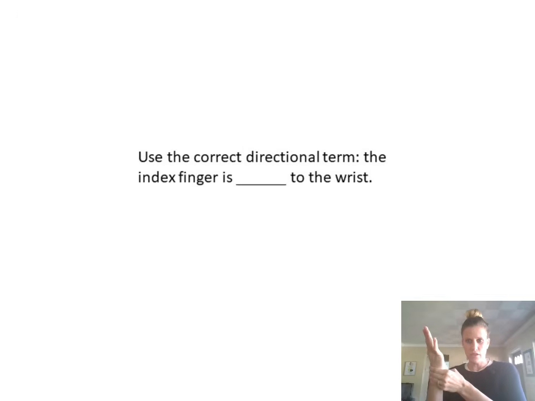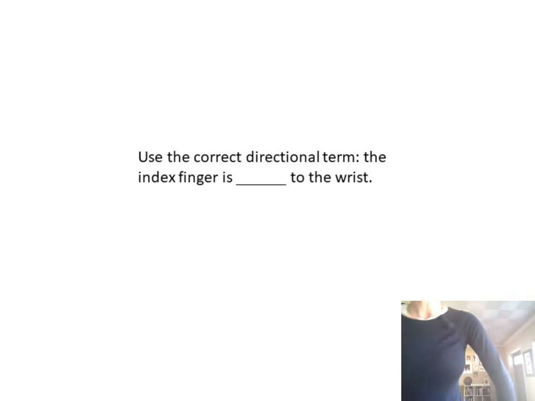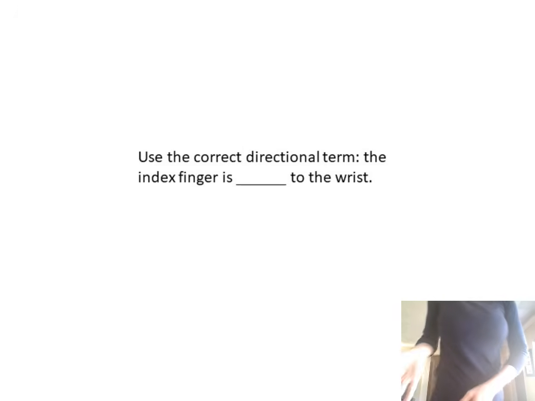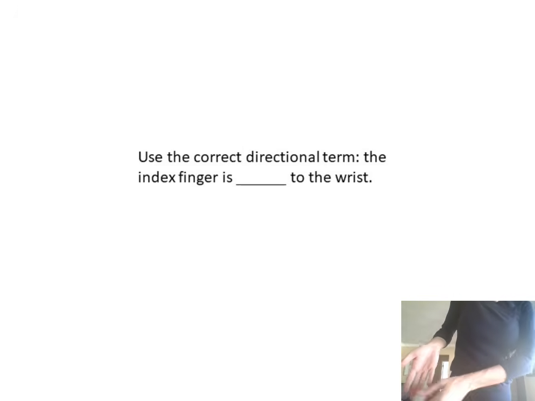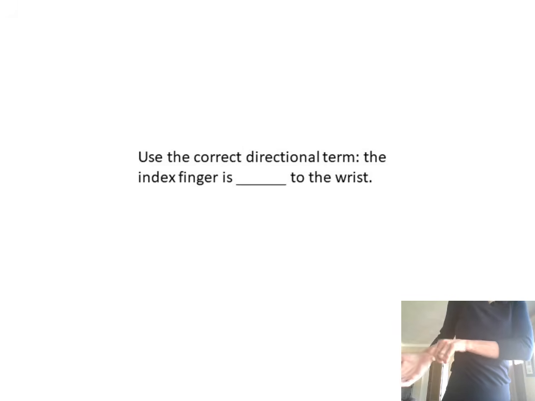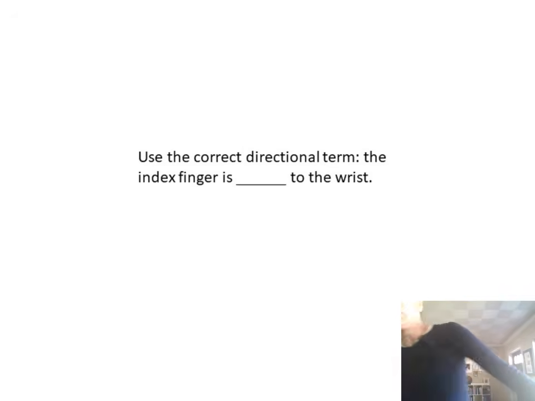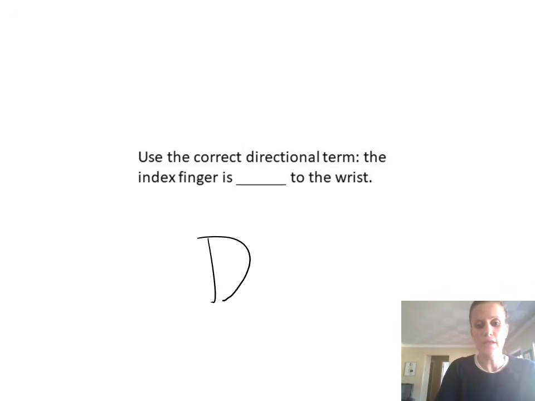This is the wrist. Imagine if I was in the anatomical position, my hand would be like that, and the finger is what to the wrist? So if I have my wrist right here, to get to my finger, the finger is more distal. Okay, distal is the most appropriate term.